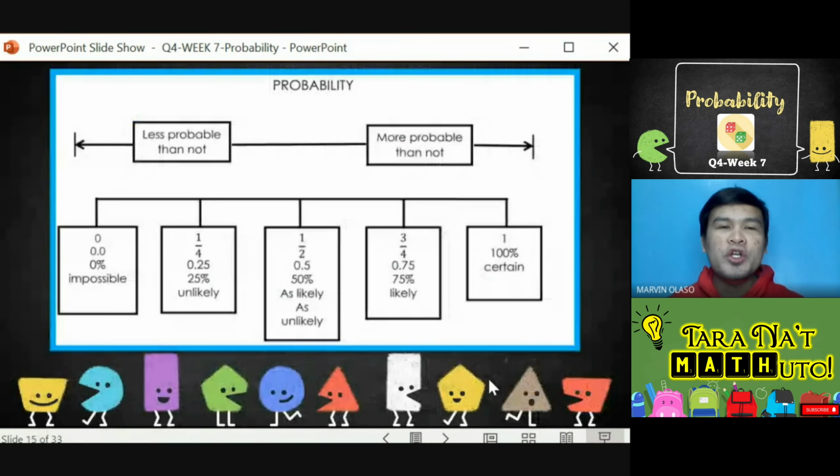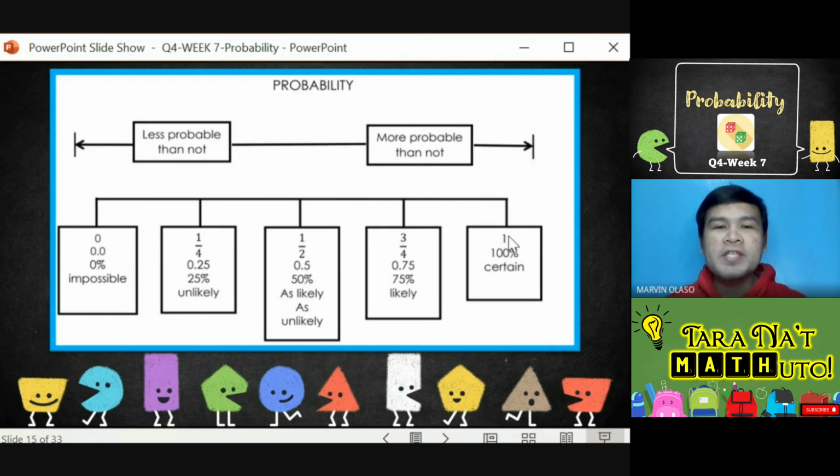Okay, in order for you to understand the concept, eto na, para mas lalong maintindihan. So, let us measure the likelihood kung gaano kadalas nangyayari ang mga bagay-bagay. So, we will use this chart. Okay? Of course, kapag imposibleng mangyari, the chance is 0% or 0.0, that's impossible to happen.